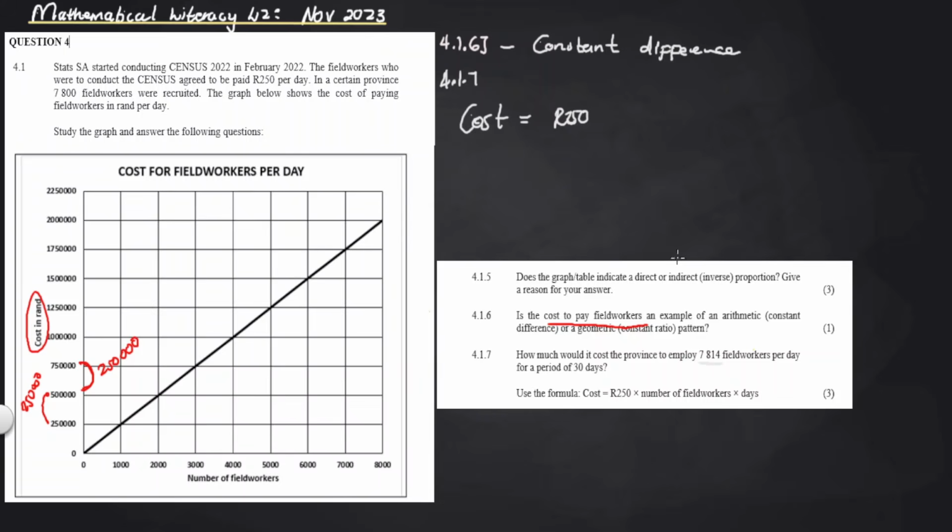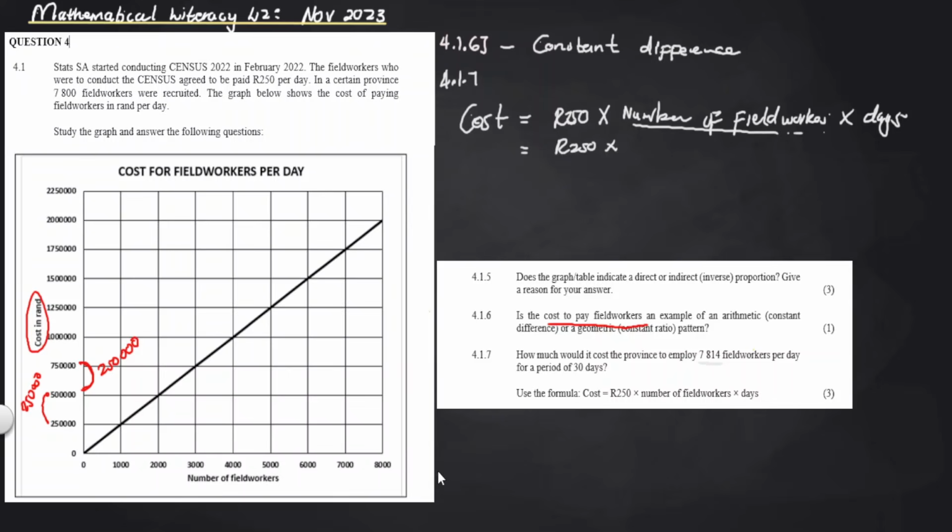But now, as calculated in 4.1.7, it's the number of field workers multiplied by days. How many days do we have? 30 days. So it's 250 multiplied by the number of field workers.